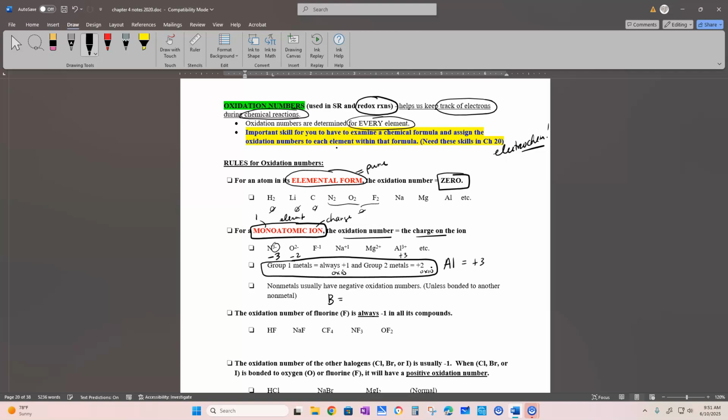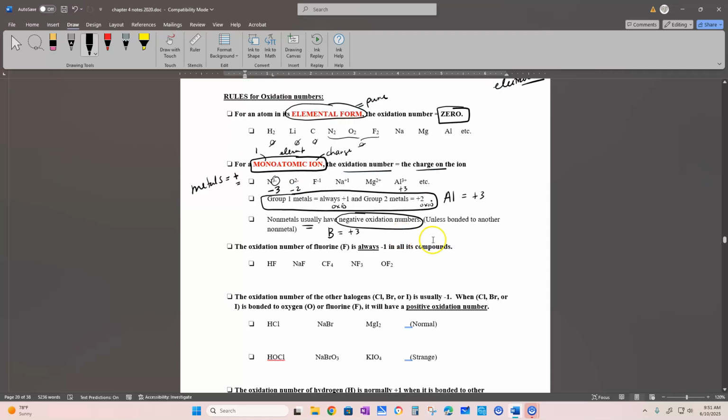Boron, which is also in group 13, will also be +3. Nonmetals are usually negative. The problem is what happens when a nonmetal is bonded to another nonmetal. That's when it gets a little tricky. So metals will have positive oxidation numbers. Nonmetals, I can't say always, usually will have negative.